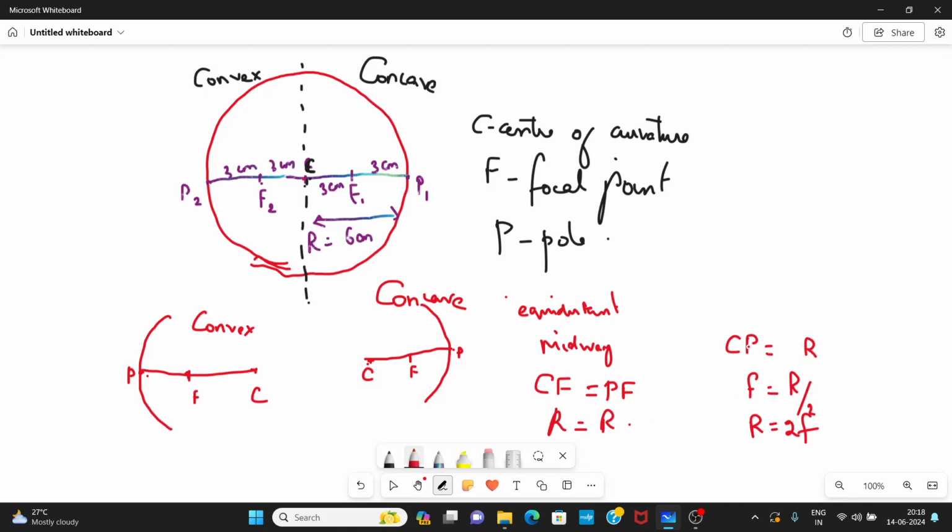I'm sorry for the confusion here. CP is the radius of the circle, and F is lying in between, at the midway of the radius. So it is at the distance R by 2. And R is nothing but 2F from this equation.